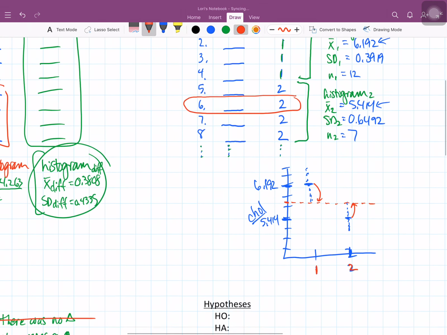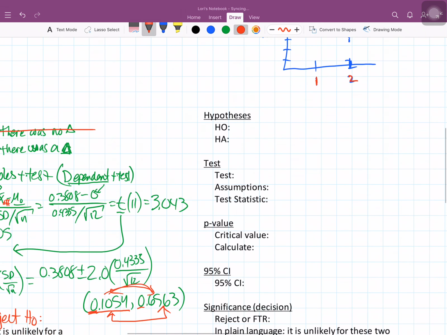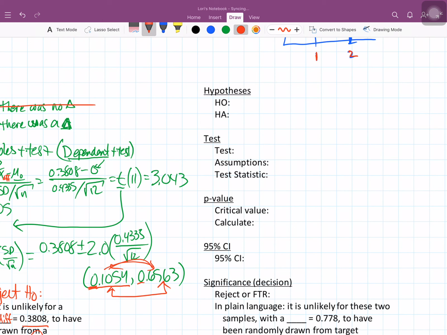So let's go ahead and take a look at this hypothesis from the textbook. The generic null hypothesis for this test is mu1 is equal to mu2. Another way of saying that, and I'll put an or here because you don't have to write it both ways, is that the difference between mu1 and mu2 is equal to 0.